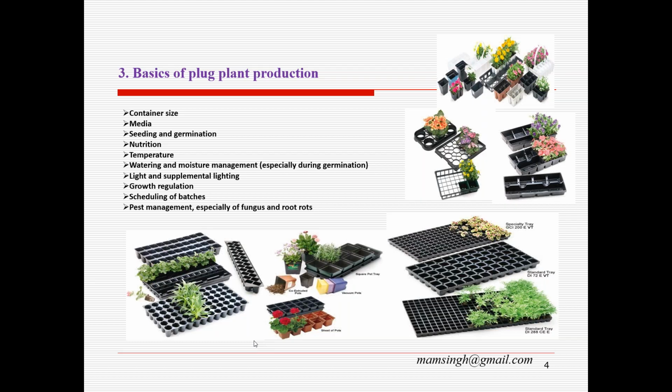Humidity going beyond 65%, if coupled with high temperature, will make the seedlings lose their own water. And if the temperature is low and humidity very low, then again desiccation of those seedlings would happen. At the same time, moisture management is very important.